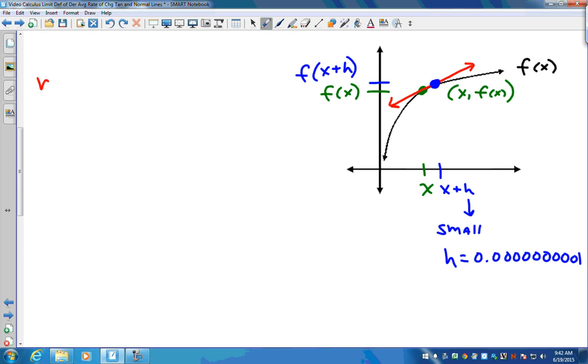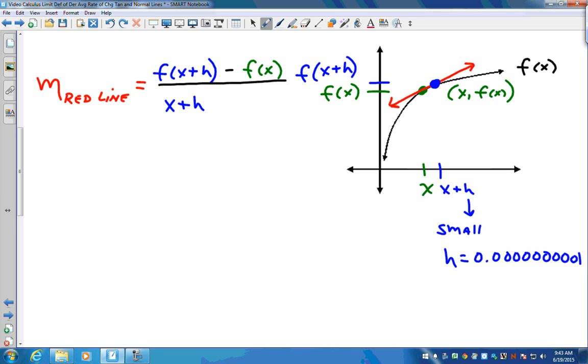The slope of this red line would be y2, which is f of x plus h, minus y1, which is f of x, over x2, which is x plus h, minus x1, which is x, right? So that would be the slope of that red line.